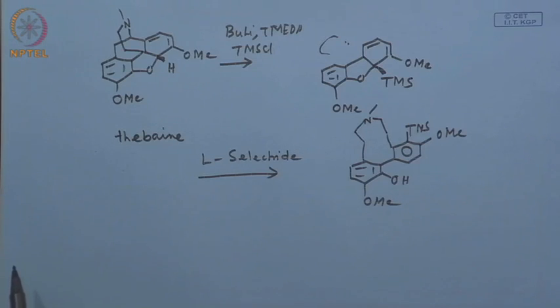It is a selective reducing agent, the name tells you, and L stands for lithium, and all the Selectrides are boron hydrides. Easy to remember, you just take trialkyl borane and lithium hydride together, that is basically the lithium.